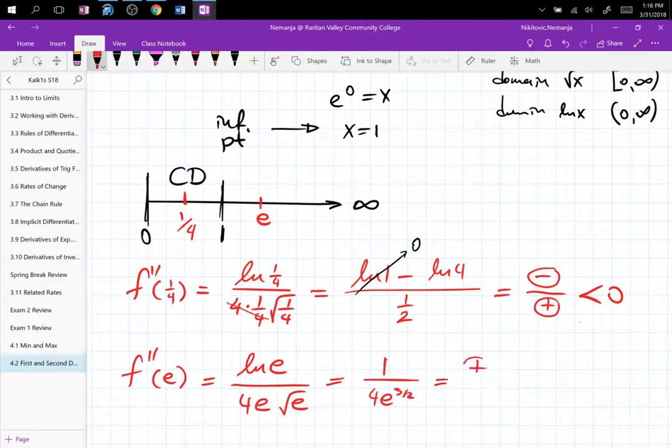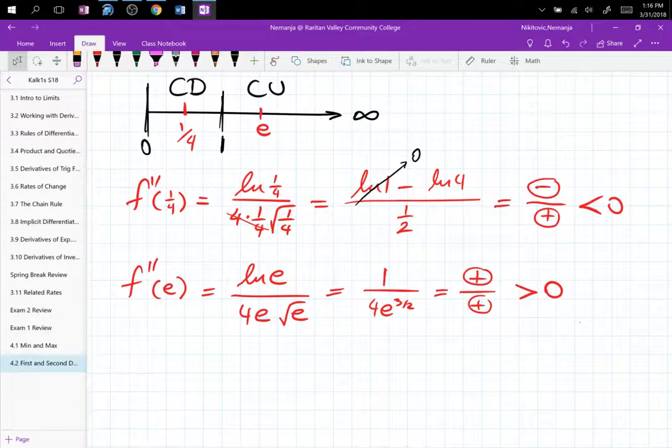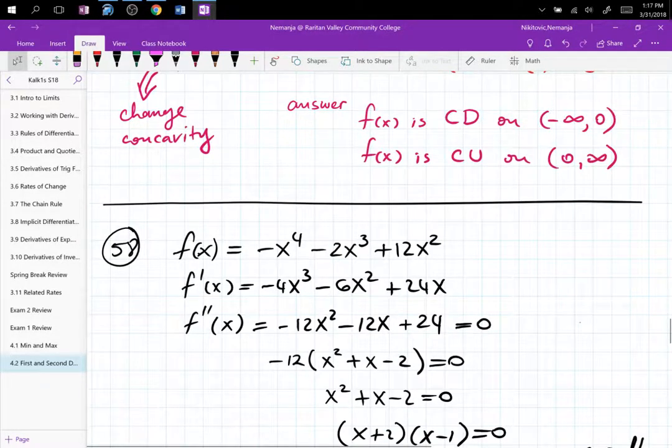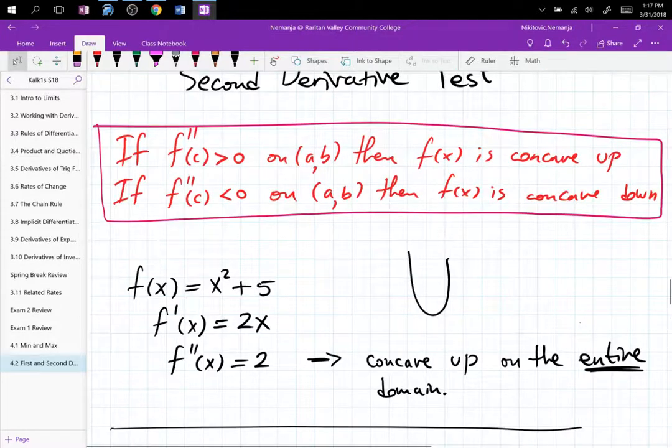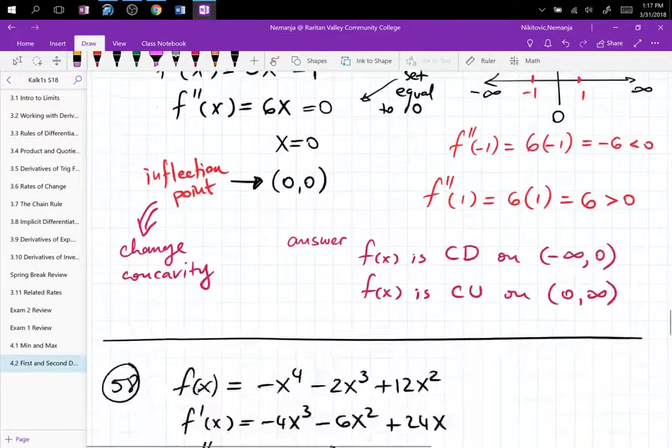This is a positive number divided by a positive number, which is a positive number, so concave up. Again, I did not bother looking for a calculator to compute because I don't care what numbers we get. All I care about is whether they're positive or negative, again, because the definition says, is it smaller or larger than 0? I don't care how much smaller or larger than 0.